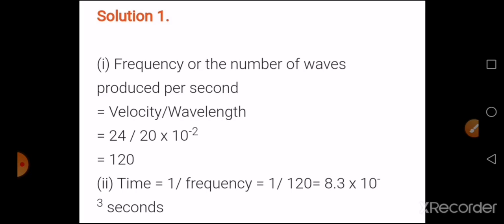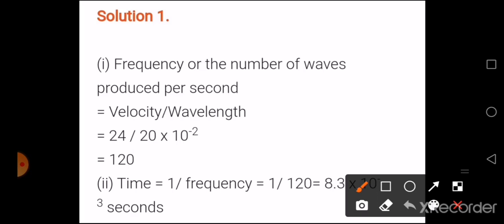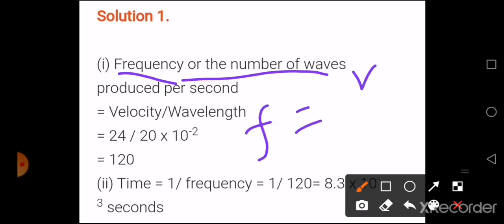Now what is the first question? The number of waves produced in 1 second. Number of waves produced in 1 second means it is the frequency, isn't it? Number of waves per second is nothing but your frequency. Now frequency, you are having the equation f is equal to velocity upon wavelength lambda, isn't it?